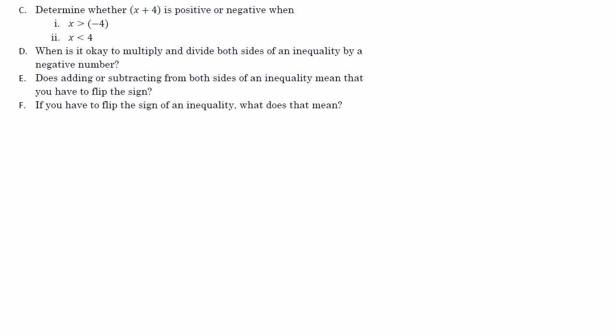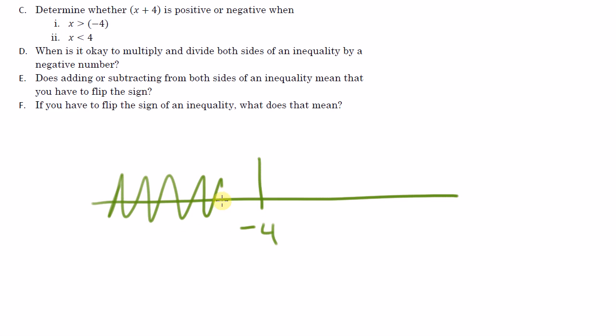Alright, so the first thing we want to look at here is C. Determine whether the quantity x plus 4 is positive or negative when x is greater than negative 4. So here's the question. When x is greater than negative 4, I don't care about what happens over there. When x is greater than negative 4, is it going to be positive or negative?